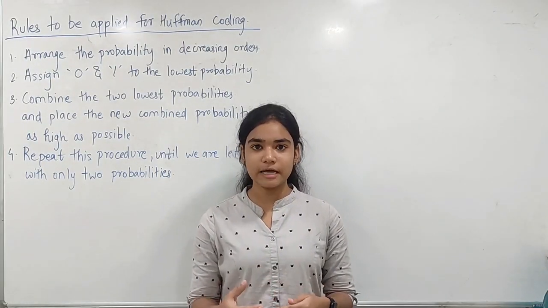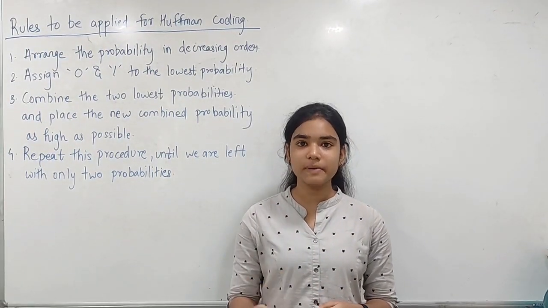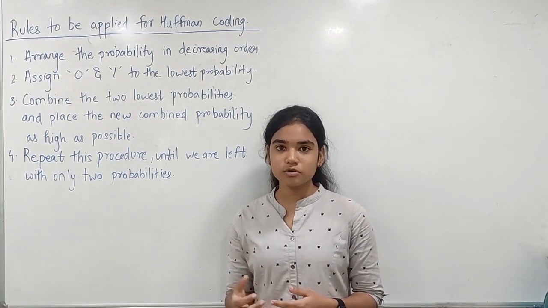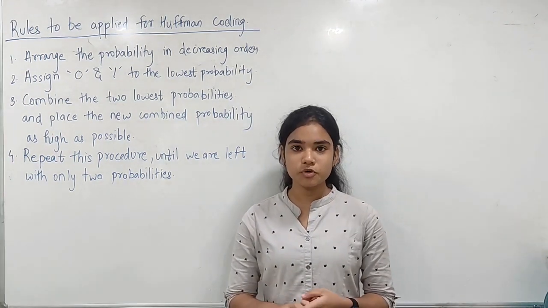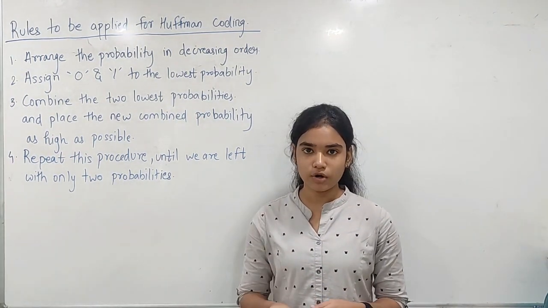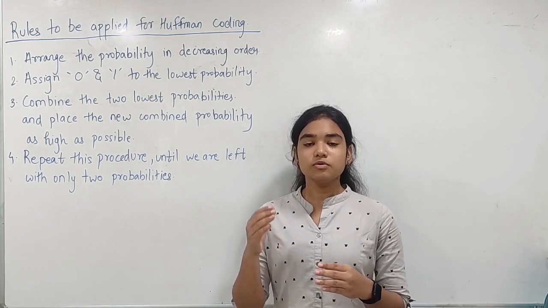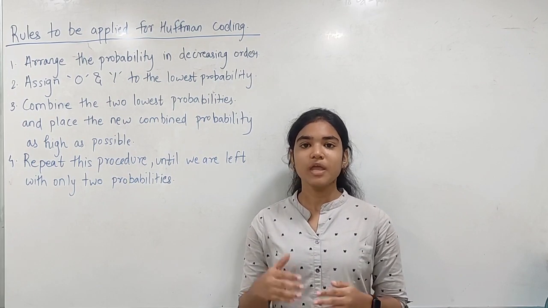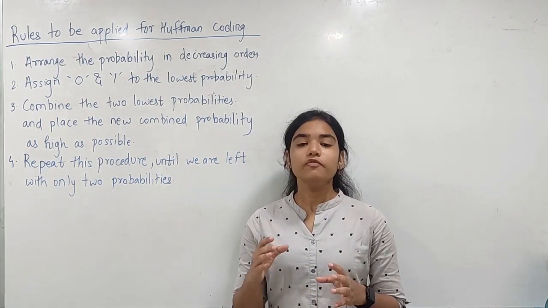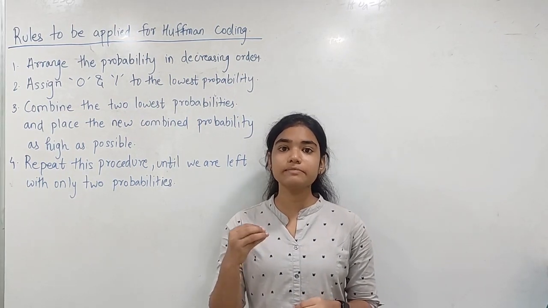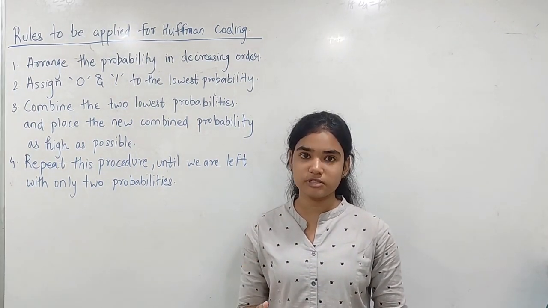Before solving an example, there are certain rules which are to be applied for Huffman coding. As you can see on the board, these are the rules. The first rule says that we have to arrange the probabilities in decreasing order. The second rule says to the lowest probabilities we have to assign 0 and 1. After assigning 0 and 1, we need to combine the probabilities and place the combined probability as high as possible.